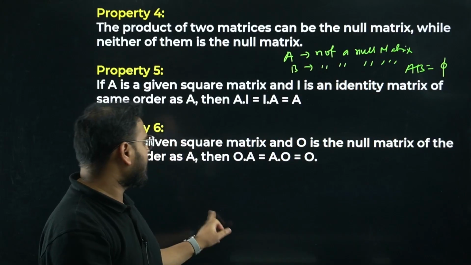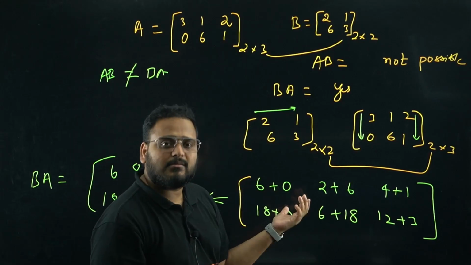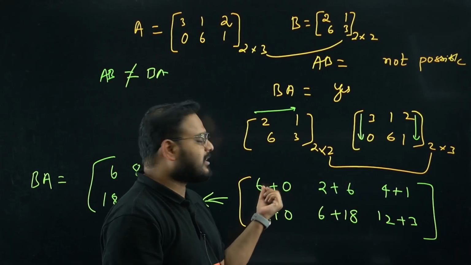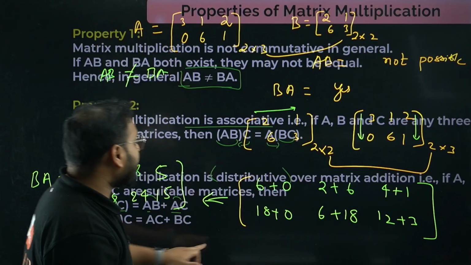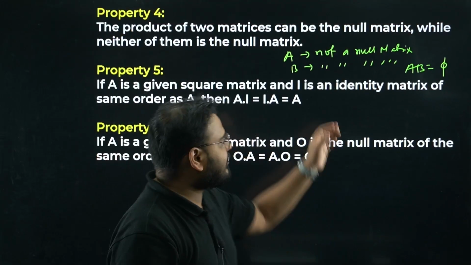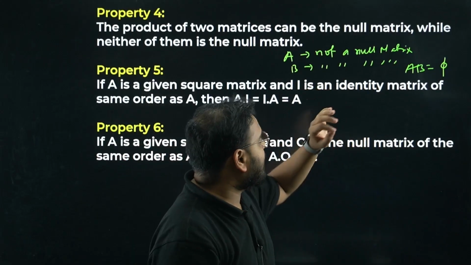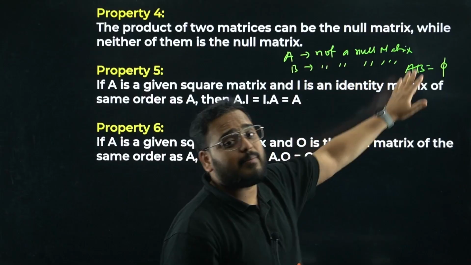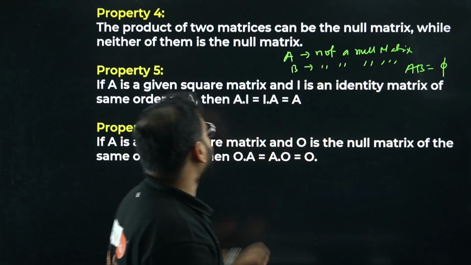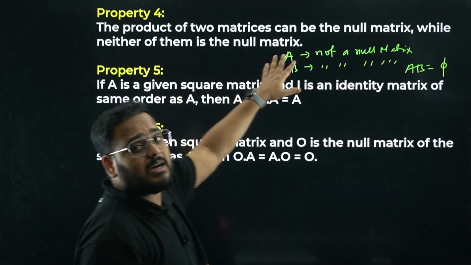How come? Because if it was, let's say, minus 6 plus 6, it will become 0. Difference or sum can make it 0. That's why it depends upon the elements of the matrix whether it is a null matrix or not. We don't have control to say always. So even though A and B are not null matrices, AB can be a null matrix. Okay. So, for property number 5, if A is given, this question has been asked, I think.